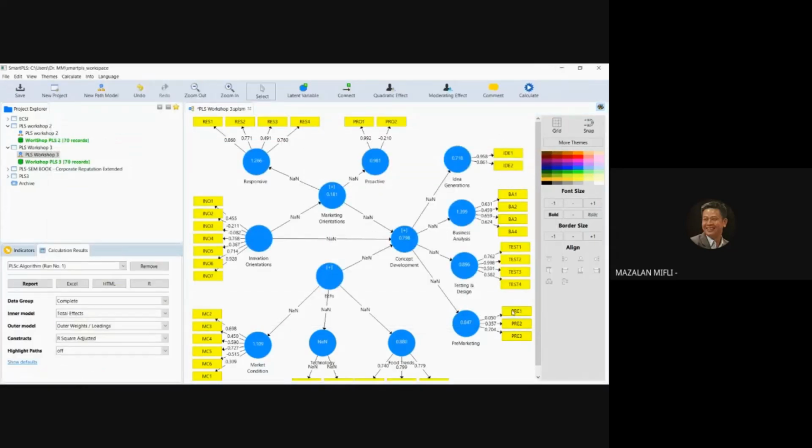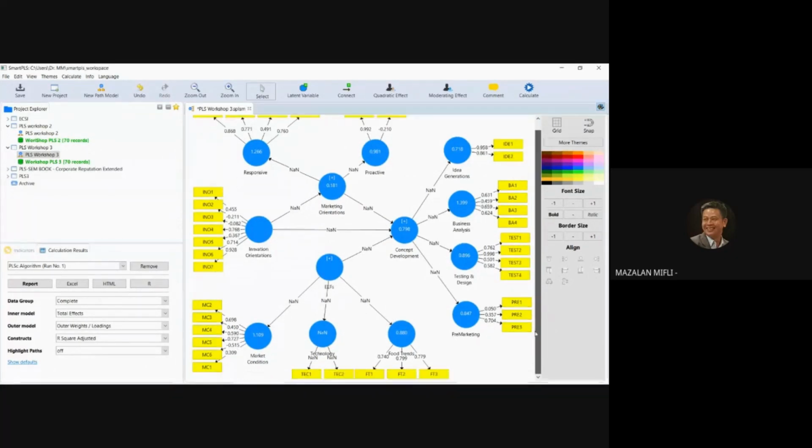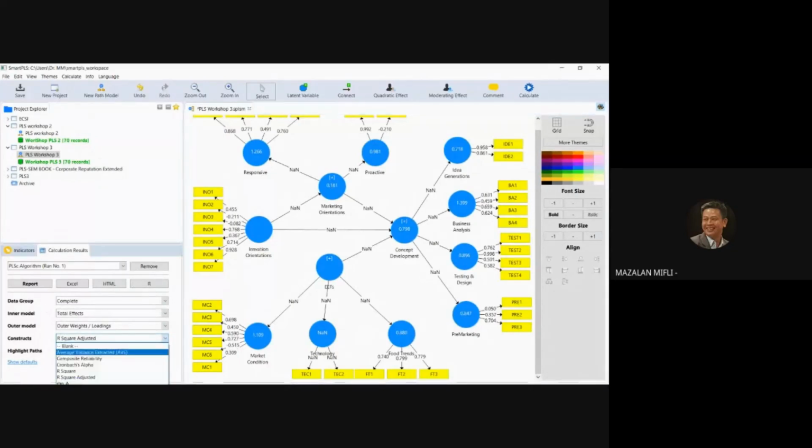Okay, so look at the result. Not available, not available, not available. It doesn't come out the way it's supposed to. Even if we go to adjusted R square, there's no R square. Wow, why is that?